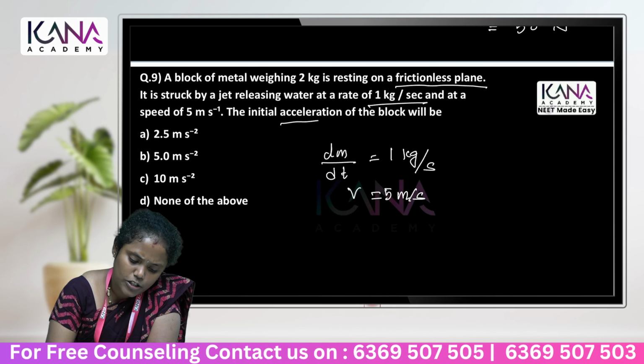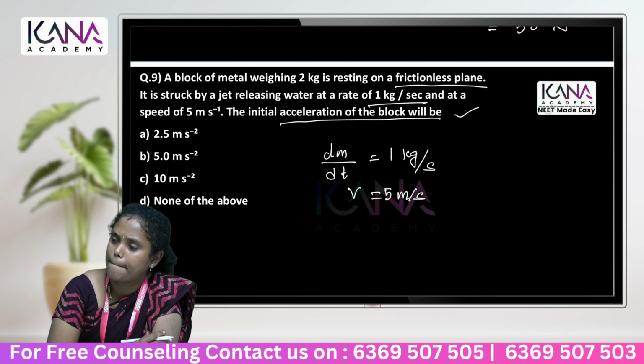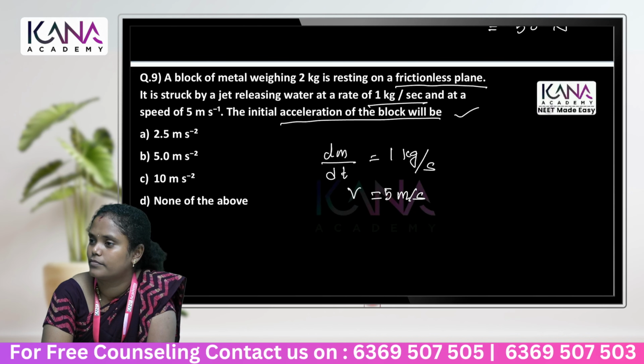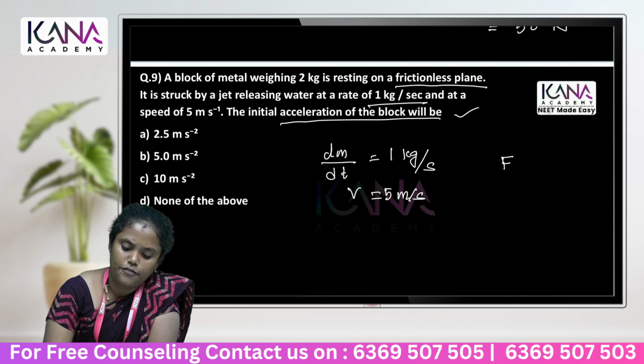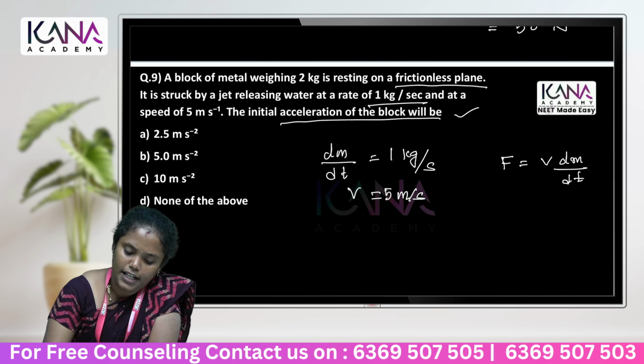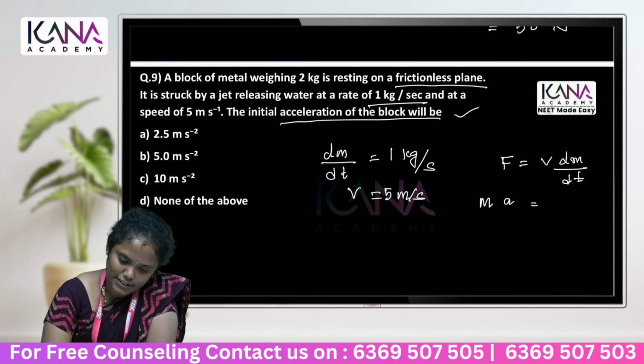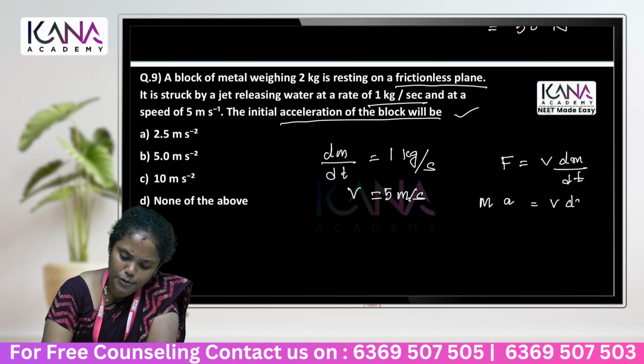The initial acceleration of the block will be. That F is equal to V into dm by dt, and m into a, equal to V into dm by dt. May I get the answer?